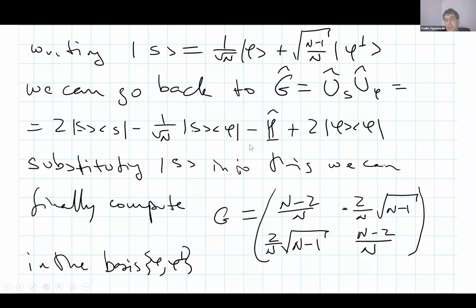So now I'm not applying it to any states. I'm just looking at it as a matrix. And the basic idea here is that S and phi are not orthogonal. We're going to substitute S here, and now we have an expression for G in terms of phi and phi perp, which I represented as a matrix now. Right, so it's on the basis of phi and phi perp, which is now legitimate for all the manipulations we've learned about.